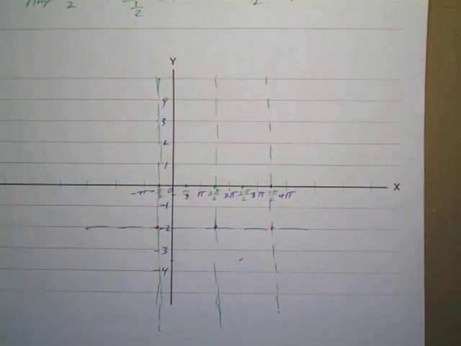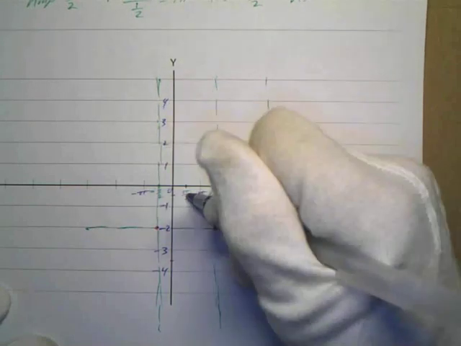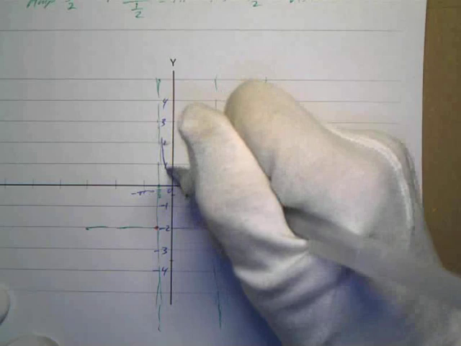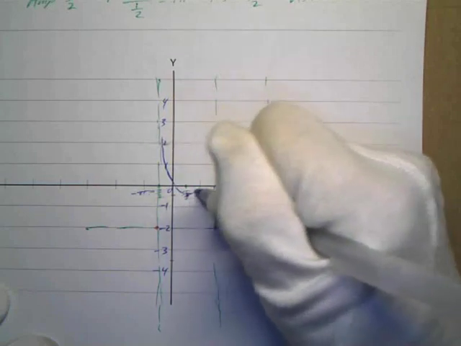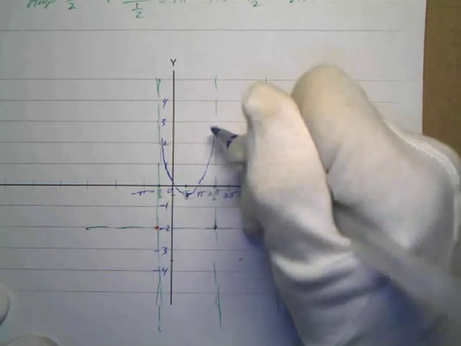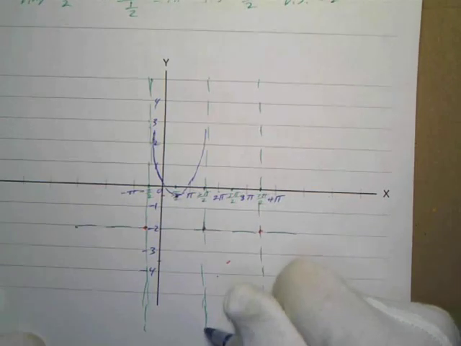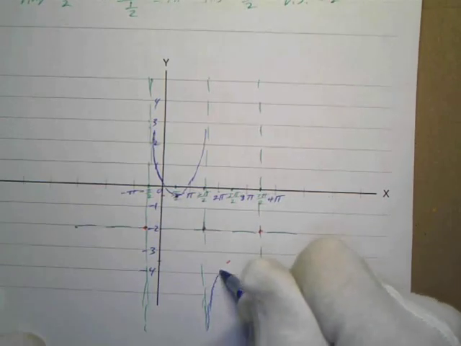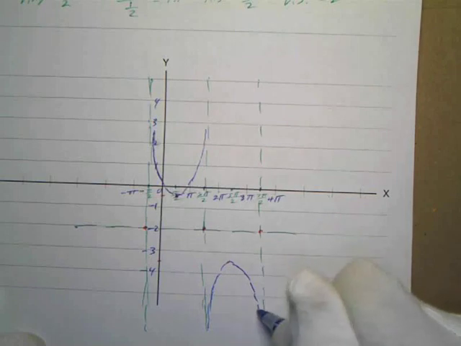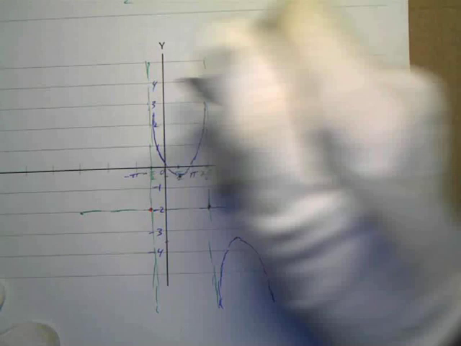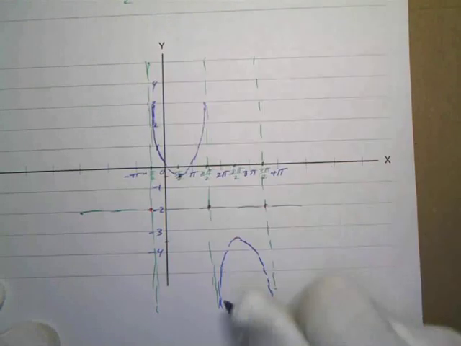And it's going to hug these asymptotes and just come down to that point. And there's one branch, and here's the other branch down here. It's going to hug these asymptotes here, like this. And that keeps going up, close to the asymptotes and down.